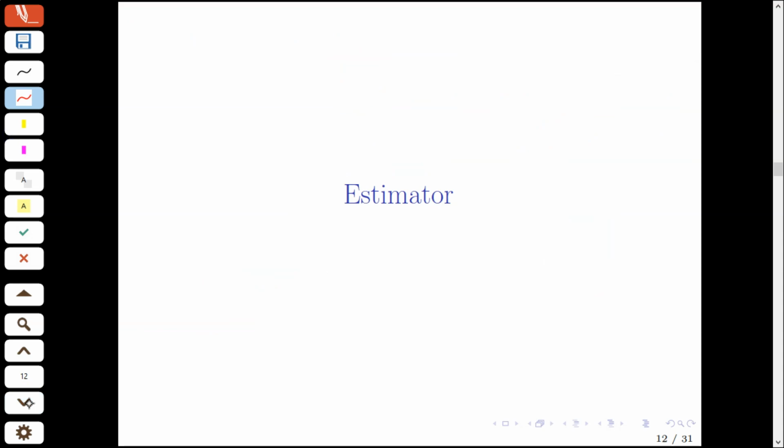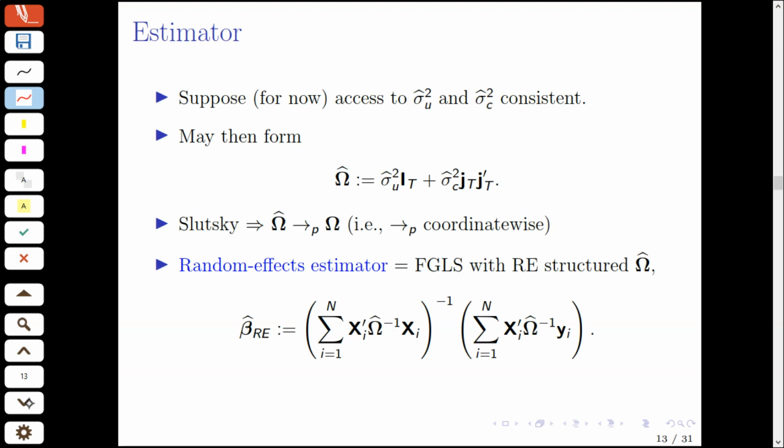Let's proceed to talking about the definition of the random effects estimator. Since the composite error variance matrix omega is unknown to us, because in general the individual effect variance as well as the idiosyncratic error variance are unknown to us, we cannot calculate omega in practice.